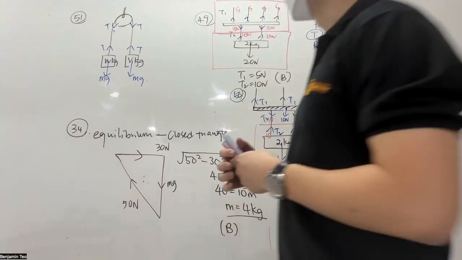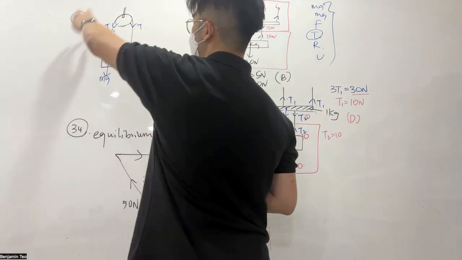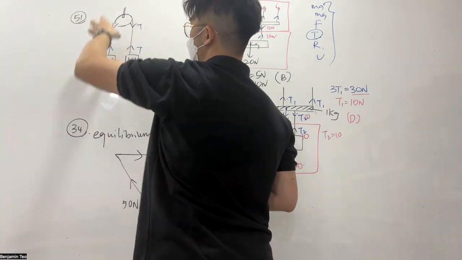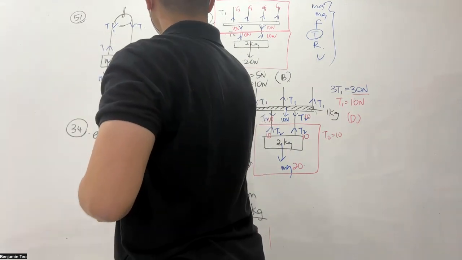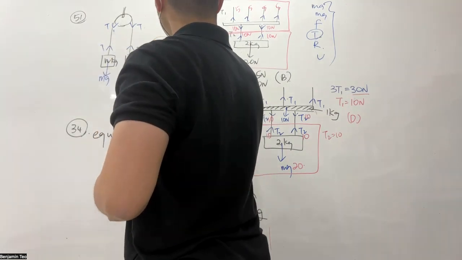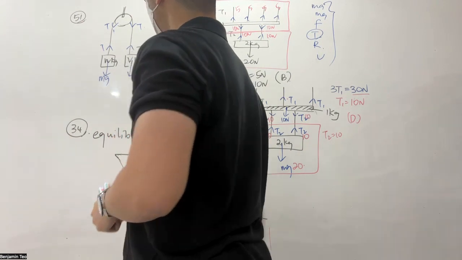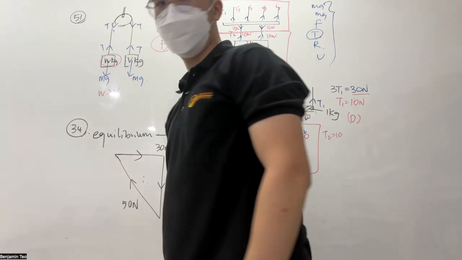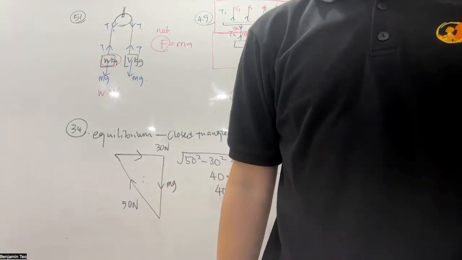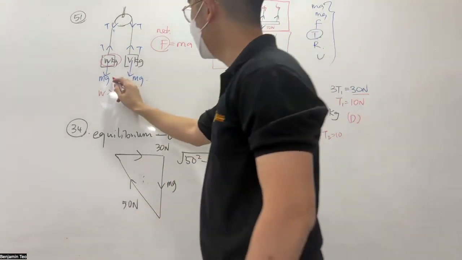Okay. Now look at the whole thing, the whole system. We take all the body together in the system. F net, MA. Remember, this is your net. It says W is bigger than V. That means mg is bigger than this one.